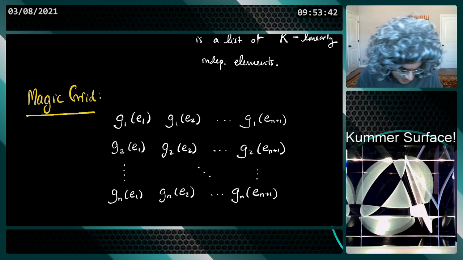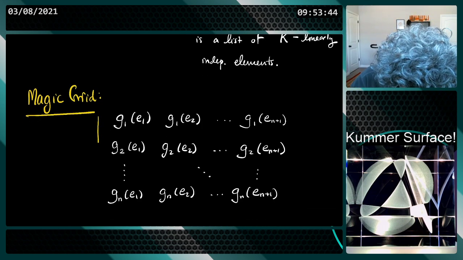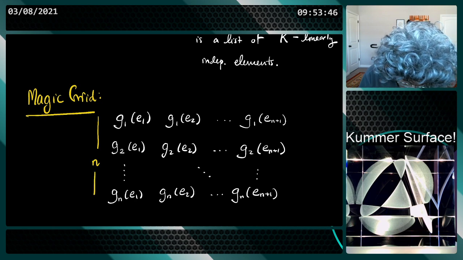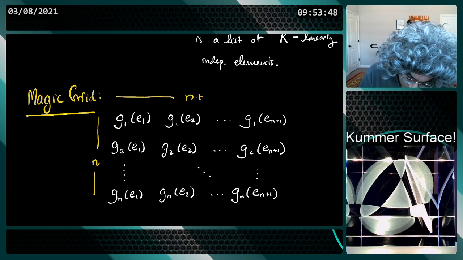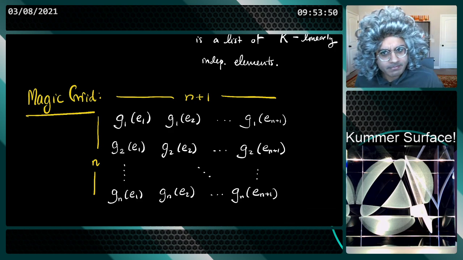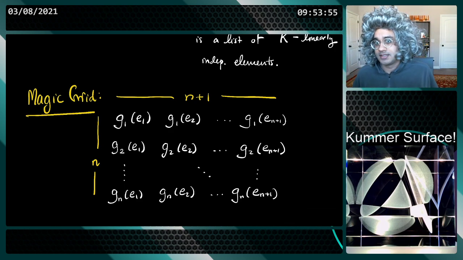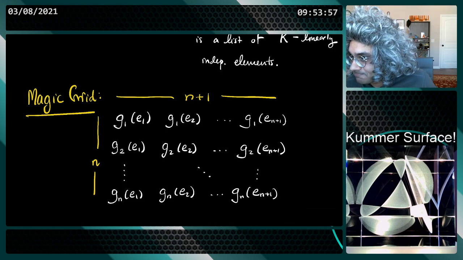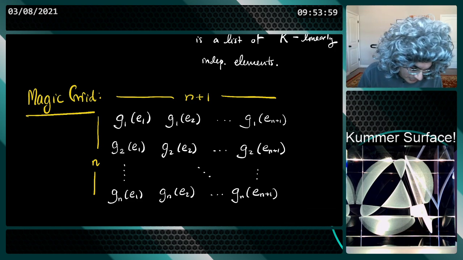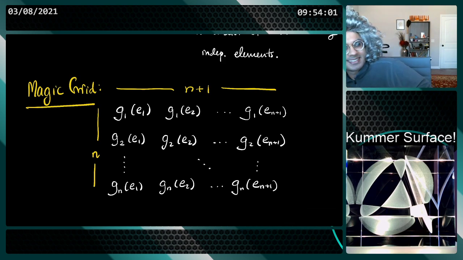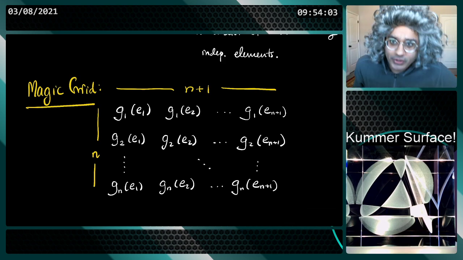Now focus here. This grid is n tall and a little too wide. More variables than equations. So this system of equations, or this matrix, has a non-trivial kernel.